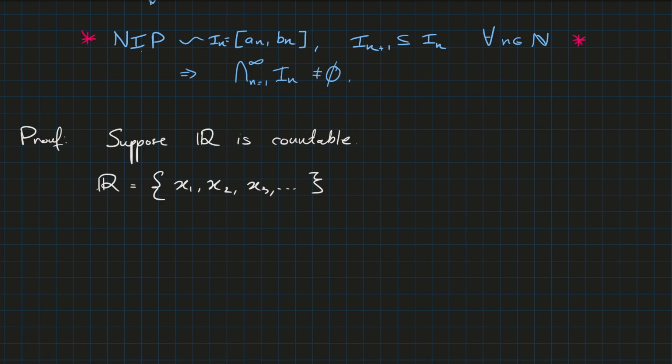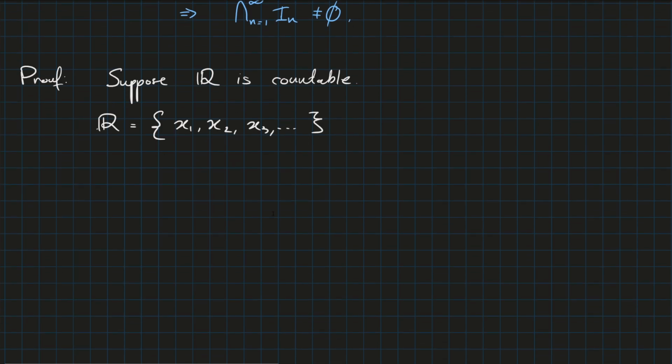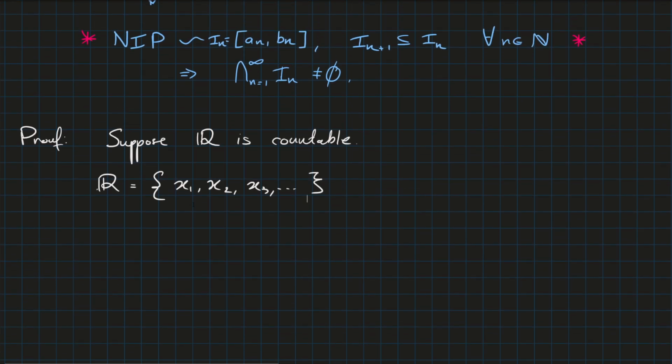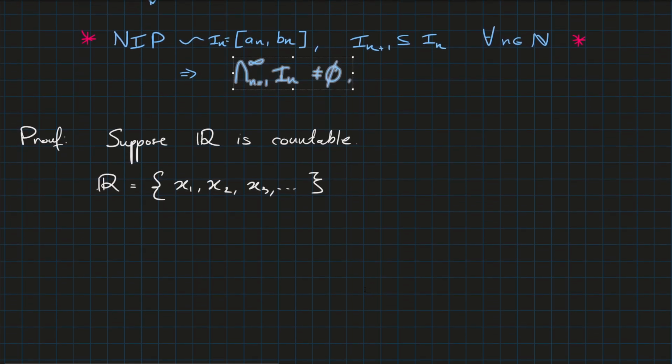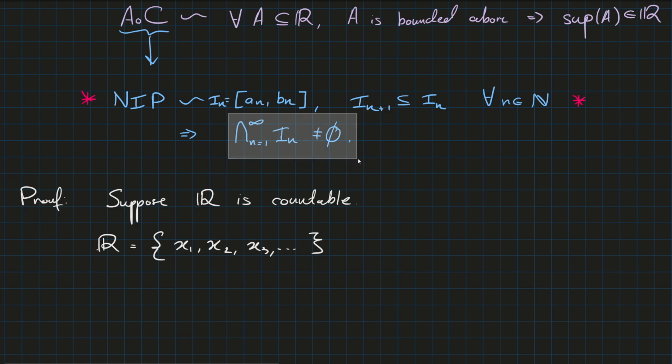But the point is it's countable, so that list contains all of them. So we're going to contradict this. And we're going to do that by constructing a sequence of closed nested intervals whose intersection has to be empty, which would contradict the fact that it can't be empty. And when I say empty, I mean the infinite intersection.